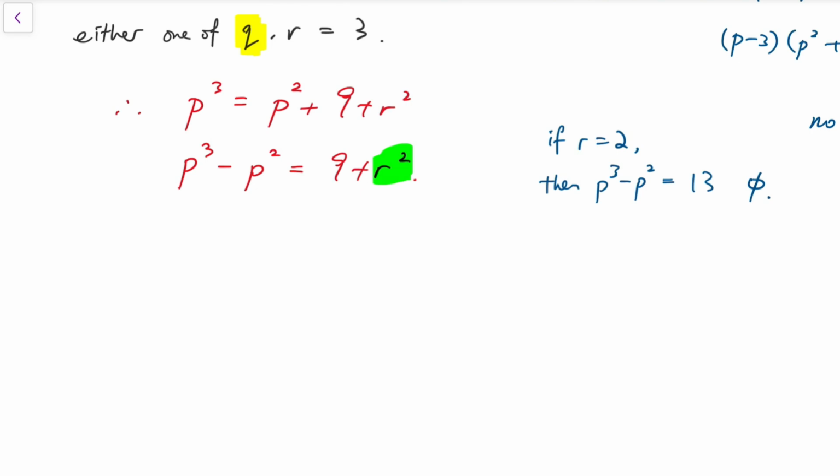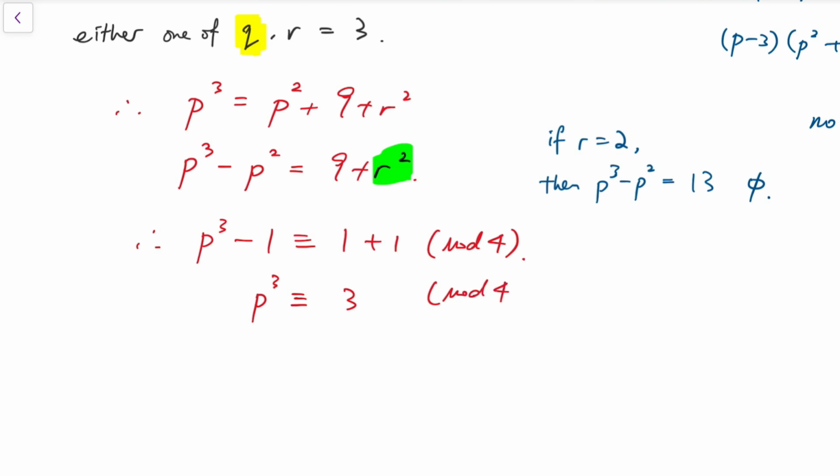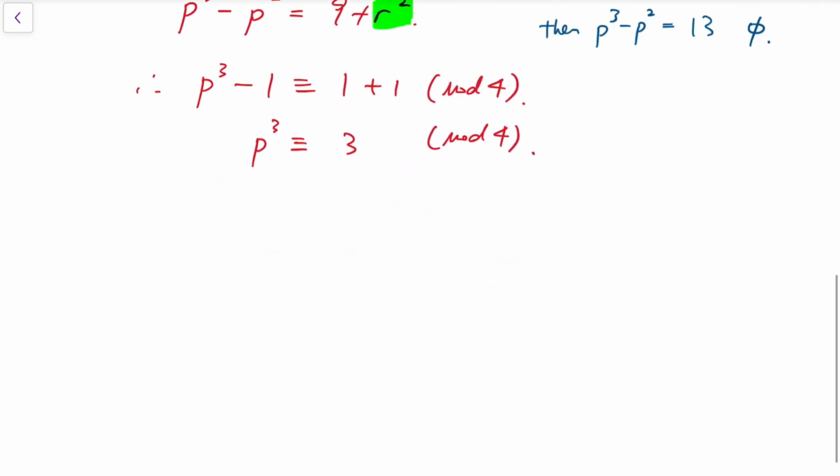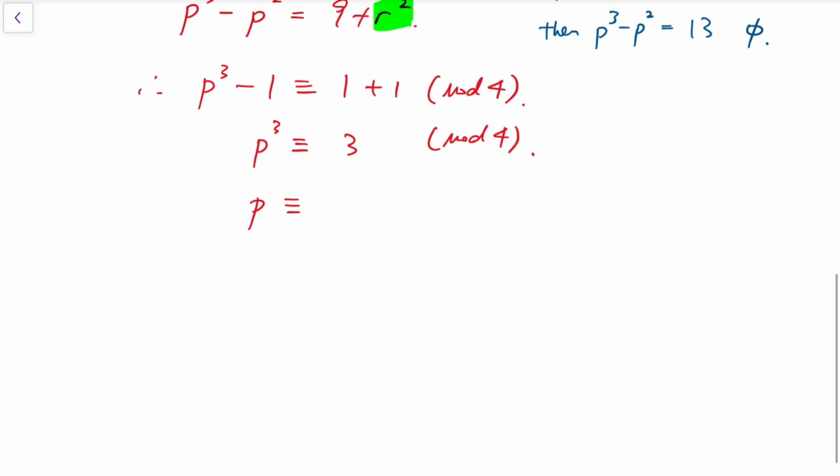So therefore, p cubed minus 1 is congruent to 1 plus 1 mod 4. So p cubed is congruent to 3 mod 4. And from this we know p can only be congruent to 3 mod 4.